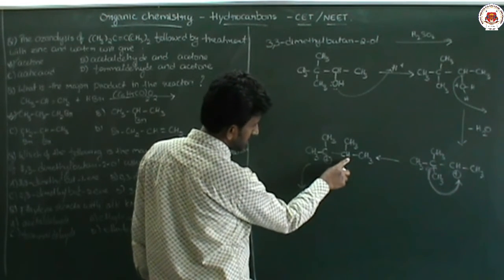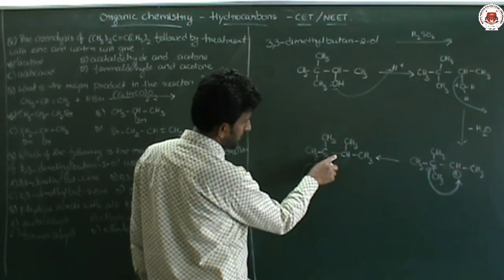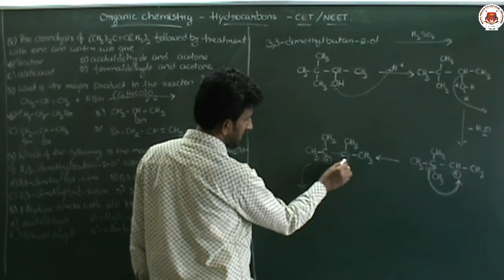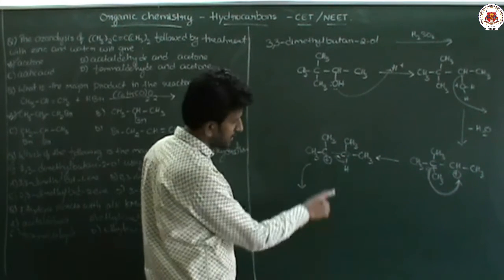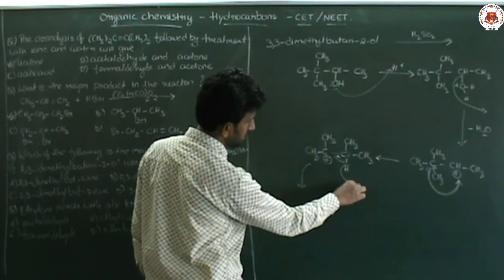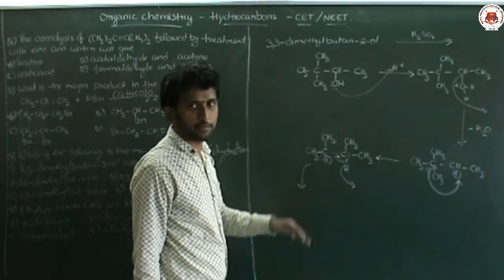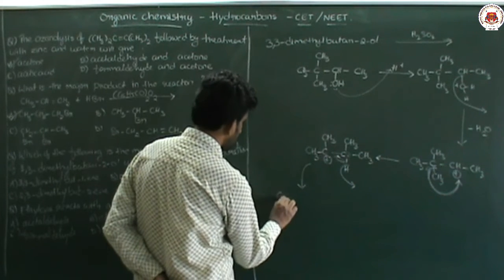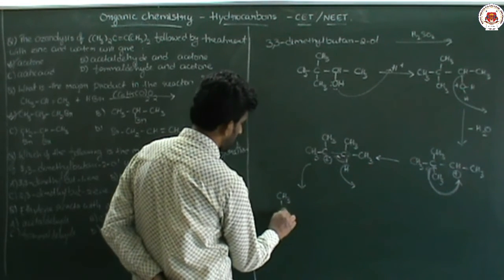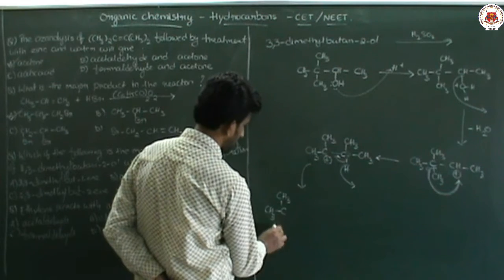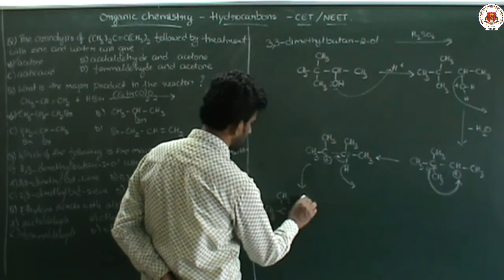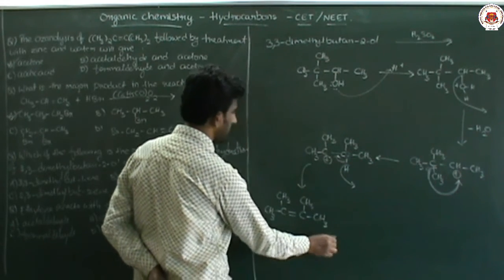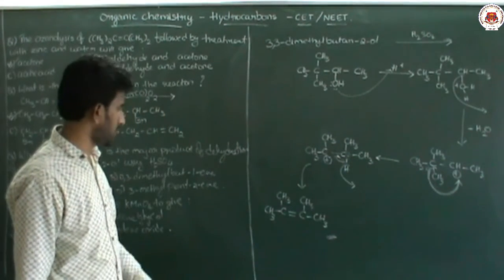If you remove this proton, then the pi bond can form in between and you get a stable compound, a highly substituted alkene. And this proton is again given back to sulfuric acid. That is why it is called acid catalyzed dehydration. Acid is catalyzing this reaction. So this is the stablest alkene formed.